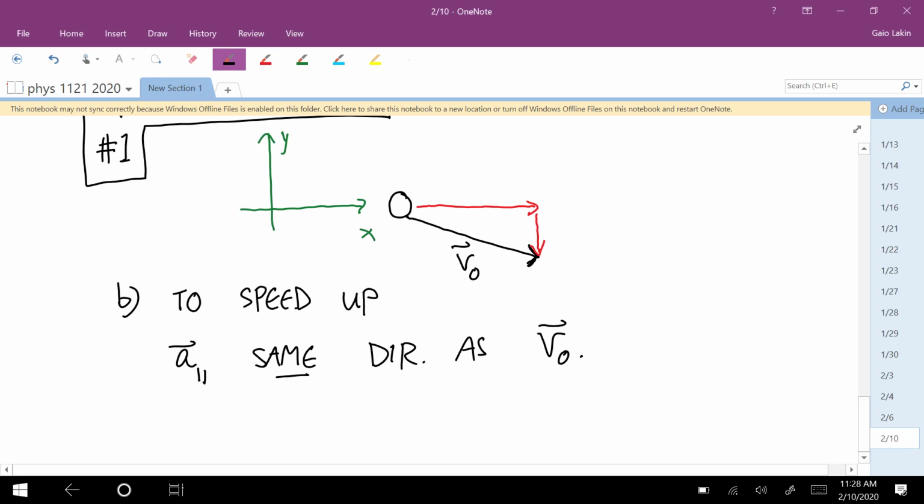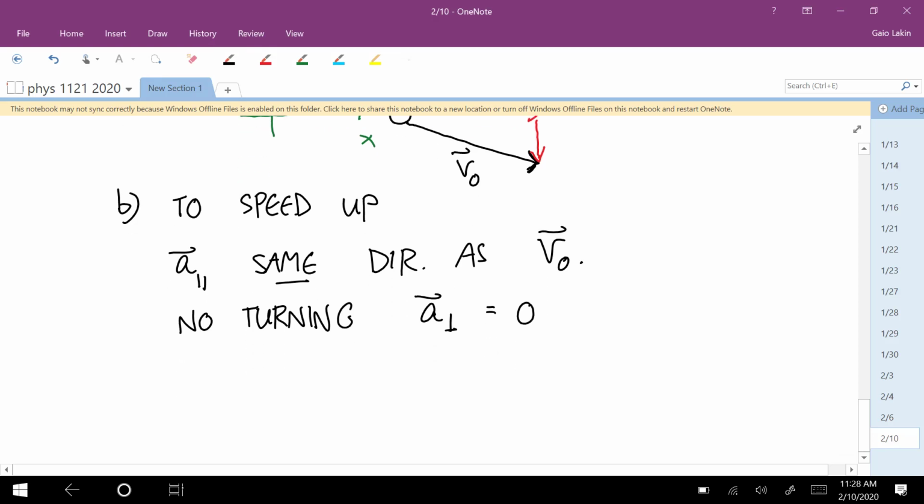Now it says this acceleration should keep it moving in the same direction. So in other words, no turning. So if there's no turning, A perpendicular has to be 0. Okay.